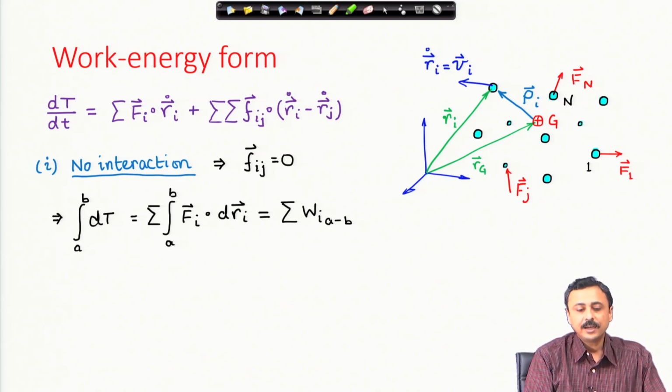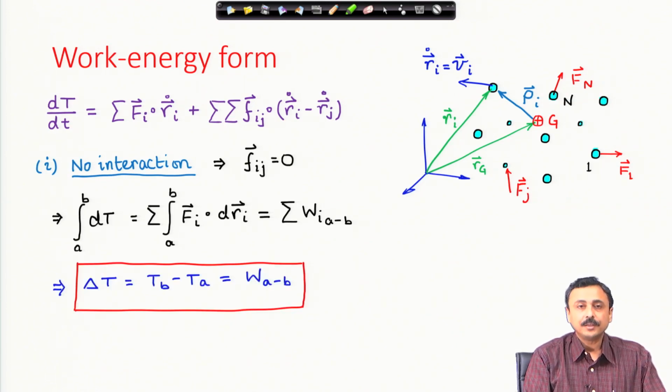On the right hand side, it is F_i dot dr_i, which is the work done on the ith particle, and this is summed over all the particles as the system moves from state A to state B. Therefore, this can be written in a simpler form: the change in kinetic energy is equal to the total work done by all the forces acting on the system as it moves from state A to state B. This is the work energy relation.